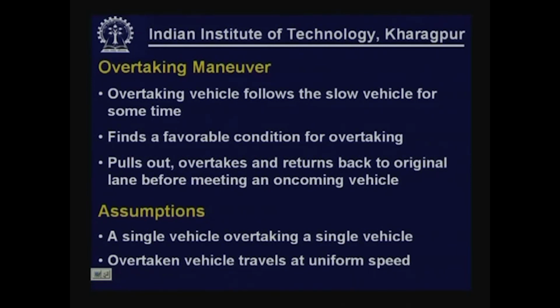While estimating the design value, certain assumptions are made. Number 1, a single vehicle overtaking a single vehicle. It may be possible that on some occasions multiple overtakings are happening, but for design purposes we do not consider multiple overtaking, because the required values will then be much higher.